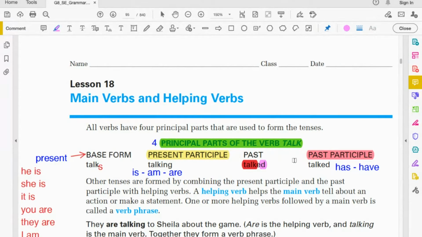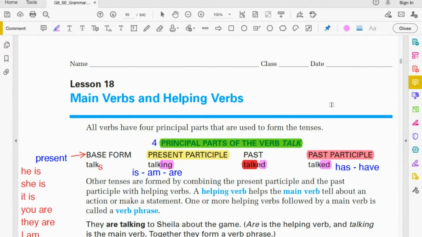And now, the two other forms, the two other principal parts of the verb are called participles. Present participle always ends in ing. Always. The past participle always ends with ed.